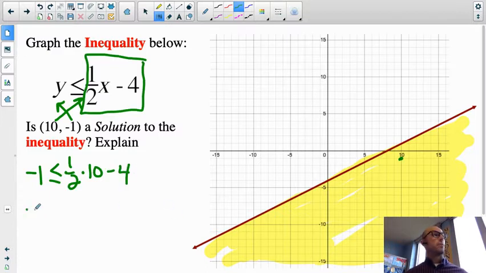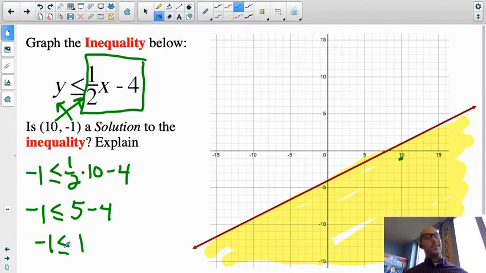Let's find out. -1 less than or equal to 1/2 of 10 is 5, and then minus 4. So -1 less than or equal to 5 minus 4 is 1. -1 is indeed less than 1. So yes, that's true. And sure enough, our graph, because we were in that shaded region, goes along with that too.